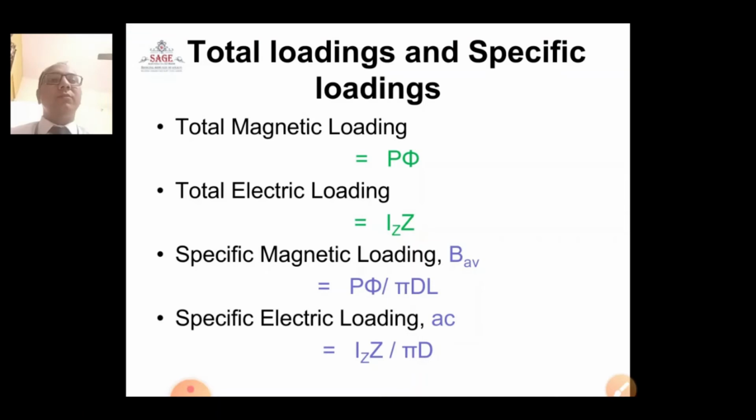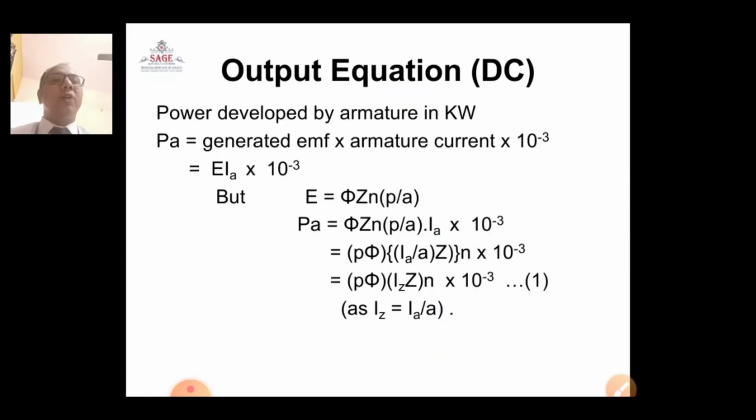Now coming to the output equation, let us review the output equation of a DC machine. Here we are concerned with only electrical rotating machines. The power developed in the armature can be calculated in kilowatts, and it is equal to the generated EMF multiplied by the current, multiplied by 10 raised to minus 3.